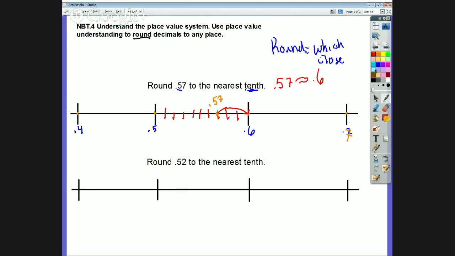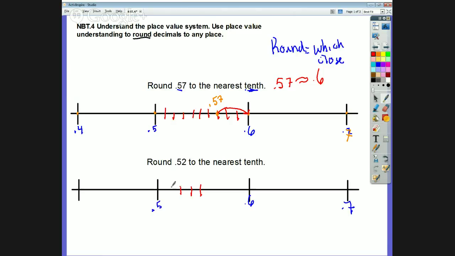Okay, let's try this again. Down here I have an example that says, please round 52 hundredths to the nearest tenth. Here's my 5 tenths, 6 tenths, 7 tenths, and I'm going to graph 52 hundredths. There's my middle.